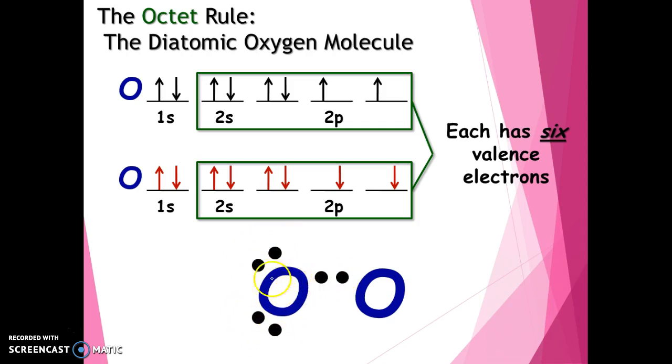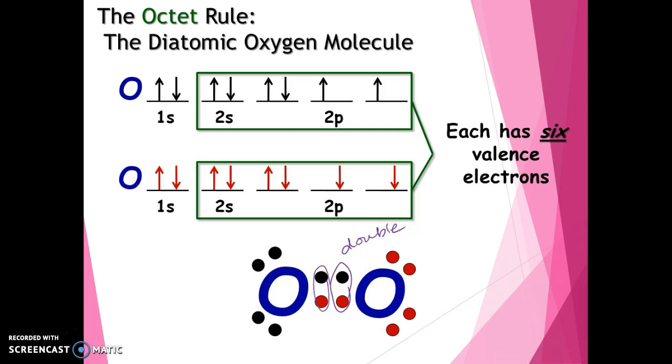Notice the 2 from this oxygen that is going to be shared with this oxygen. The other oxygen is going to do the same thing. You have these two being shared by this oxygen with this oxygen. So now we have 1, 2 bonds, or a double bond. This is where we're seeing a double bond. A double bond is 2 pairs of electrons being shared.